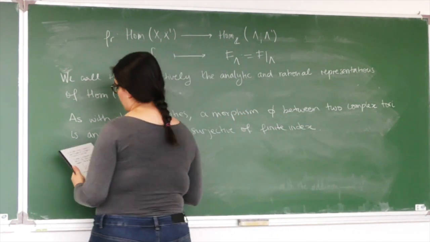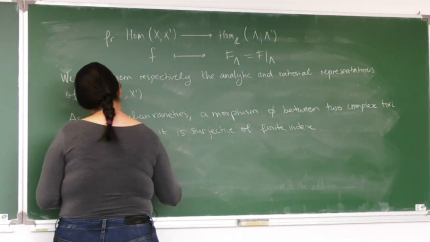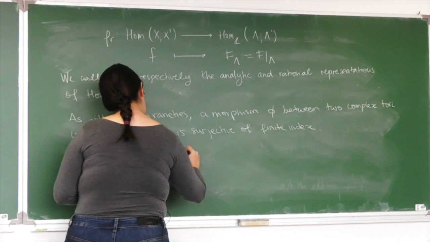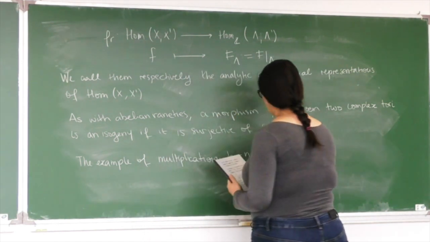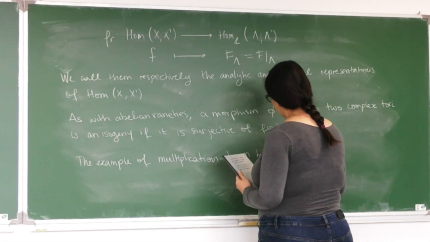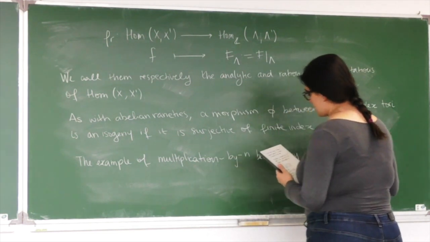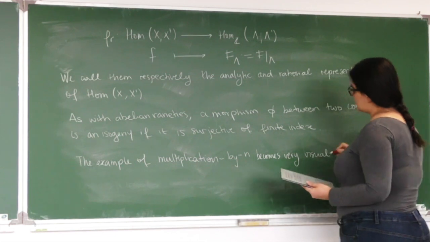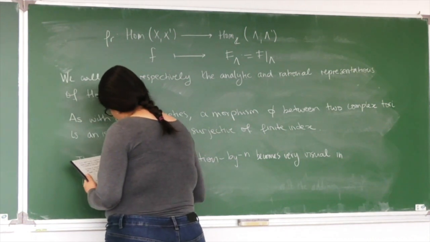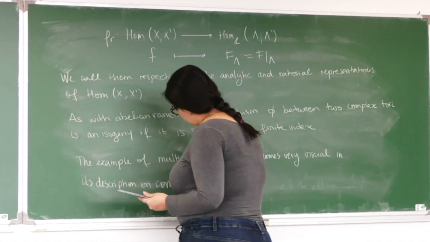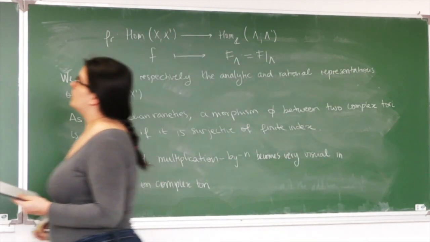And if we recover the example of the multiplication by n, it becomes very visual in its description on complex tori. And let me explain why with a drawing.